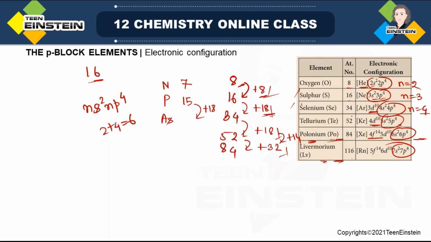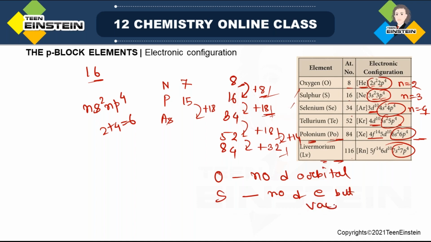But remember, in case of oxygen, there is no d orbital because it is from the second period. But in sulfur, though there is no d electron, vacant 3d is present.